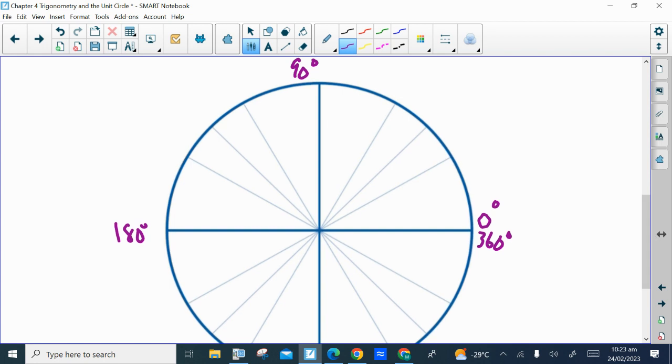We can also go around the circle in terms of 45 degrees. Halfway between 0 and 90 is 45. So this takes us to 45 degrees. Another 45 takes us to 90. Another 45 would be 135 degrees.